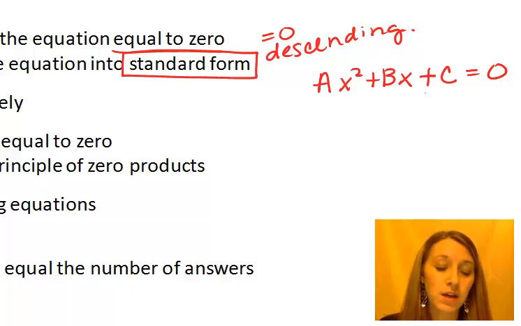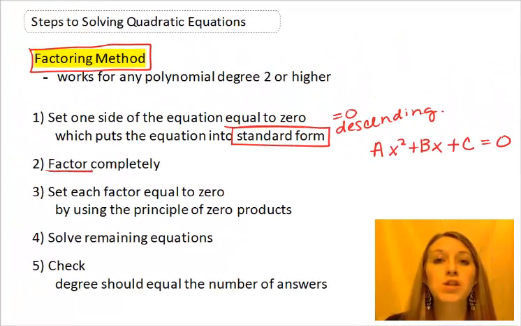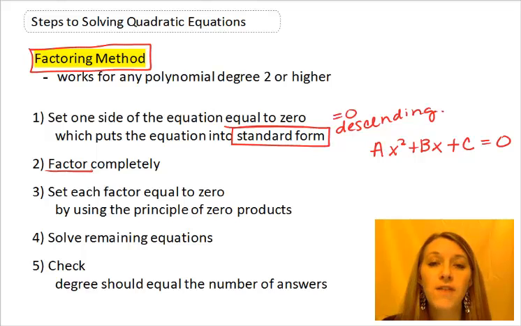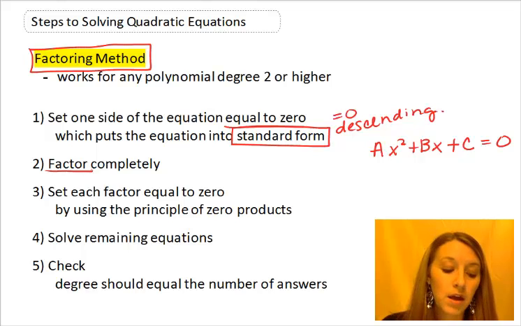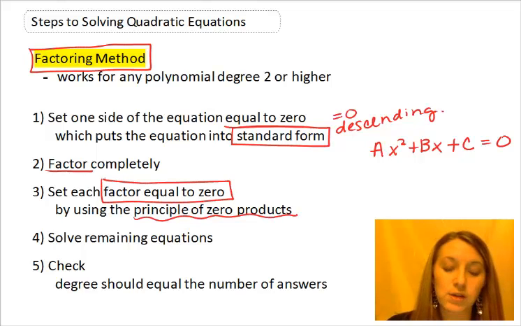Alright, once we have it equal to 0, the next thing you do is factor, and make sure you factor it completely, doing all the factoring steps. If you have forgotten the factoring checklist, don't be afraid to go back and reference that video from a different week's content. Then we use our principle of zero products and we set each factor equal to 0.